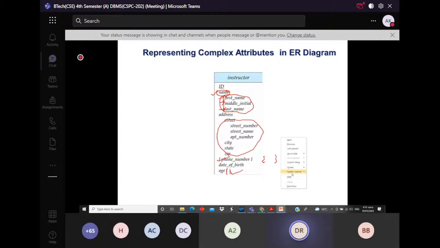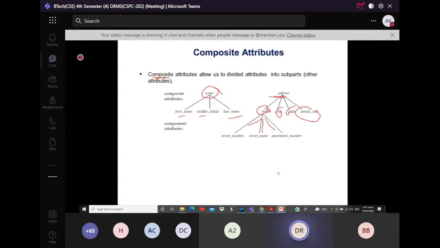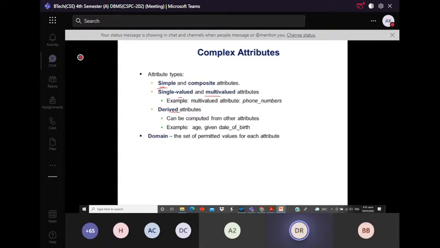Now age. Age is just written with these round parentheses. What is the meaning of this? It is a derived attribute. You can see here derived attribute. That is, it can be computed from other attributes. If in your database you have date of birth, then you can calculate age.